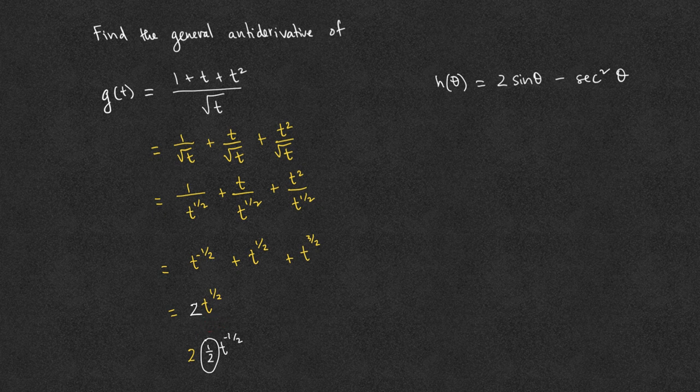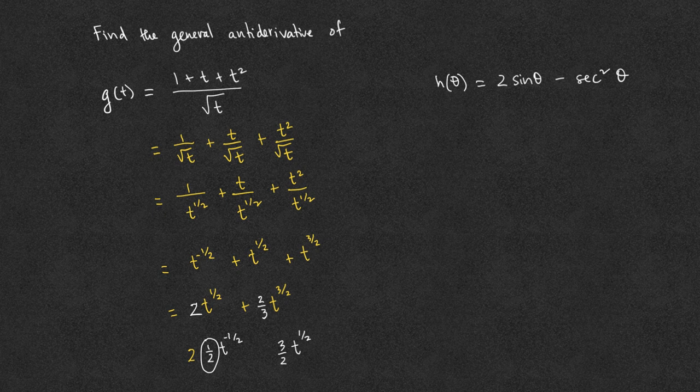Similarly, for the antiderivative of t to the 1/2, we guess that it is t to the 3/2, but when we find the derivative of this, we have 3 over 2 times t to the 1/2. We don't have that factor 3 over 2, so we would multiply by 2 over 3, the reciprocal of 3 over 2.